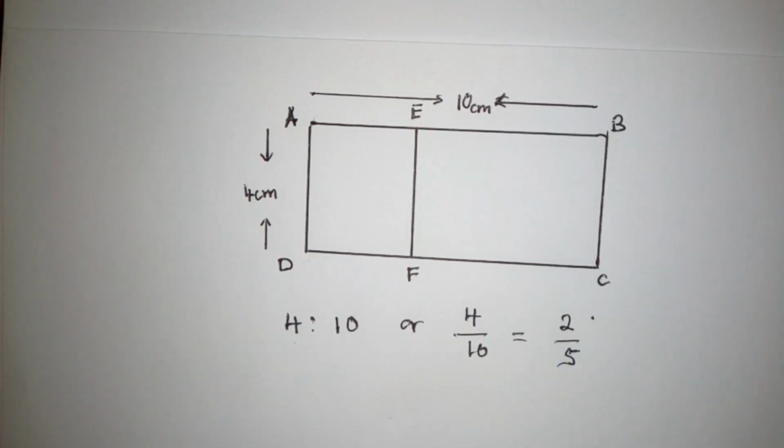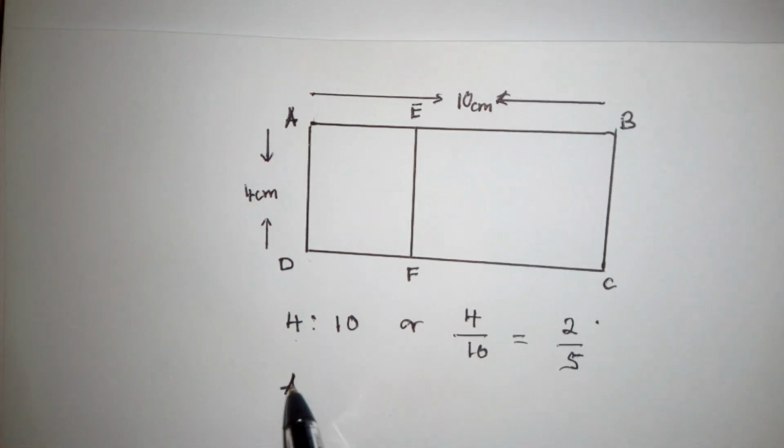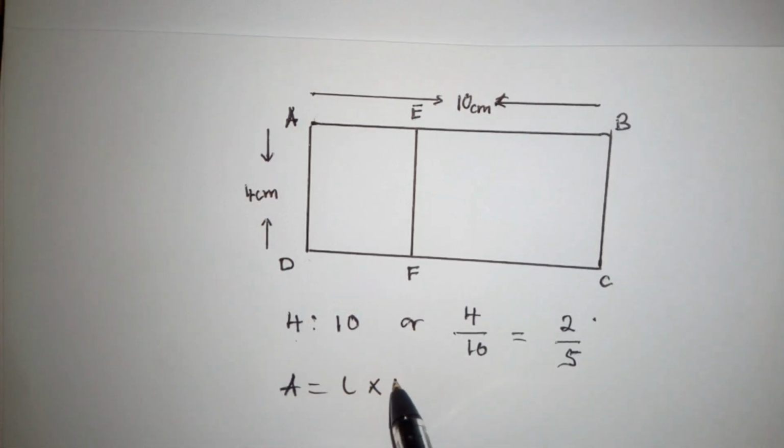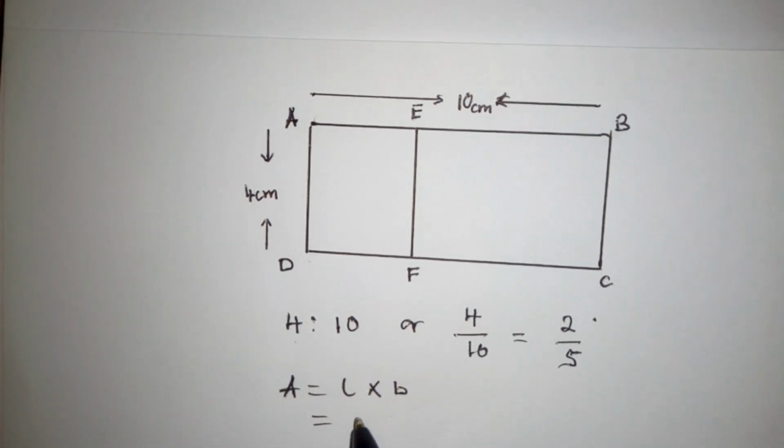So this is the ratio of the length. Now we can find the area of the bigger rectangle. It's giving us an opportunity. So area is equal to L times B, whereby L is 10 centimeters times 4, which is breadth.